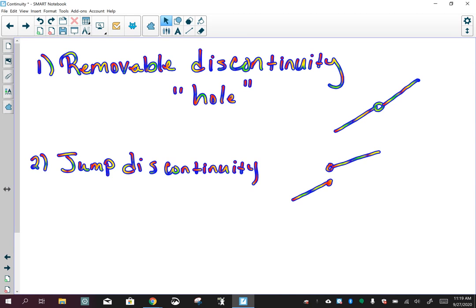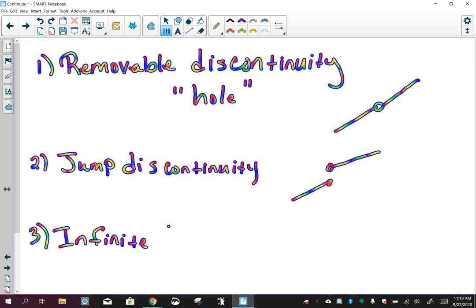All right. The third one. Everybody should know what the third one is. It's your infinite discontinuity. That is your asymptotes. That is your wall that you cannot run up.